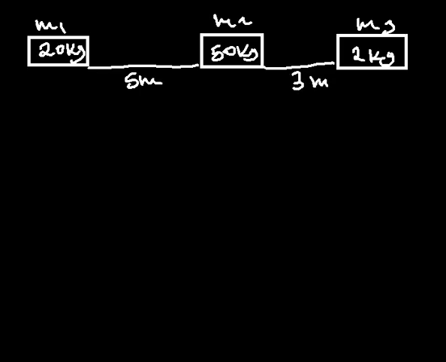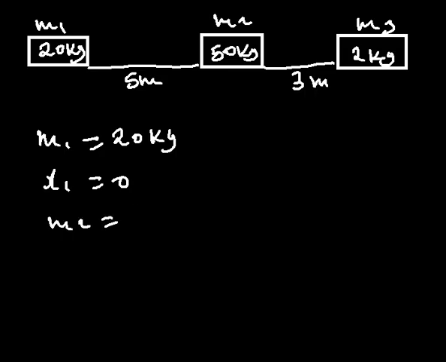So what is the center of mass of the system? The principle remains the same. We have mass 1, given as 20 kgs, and its position is 0, that is the origin. Mass 2 is given as 50 kgs, and its position from the origin is 5 meters.